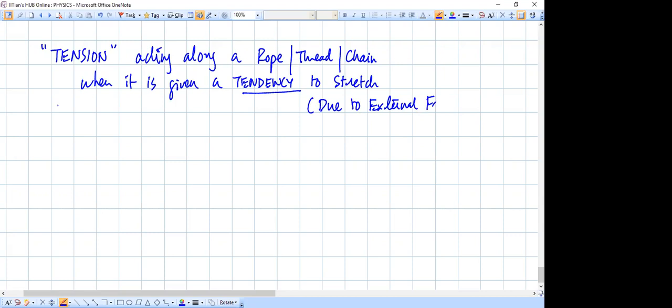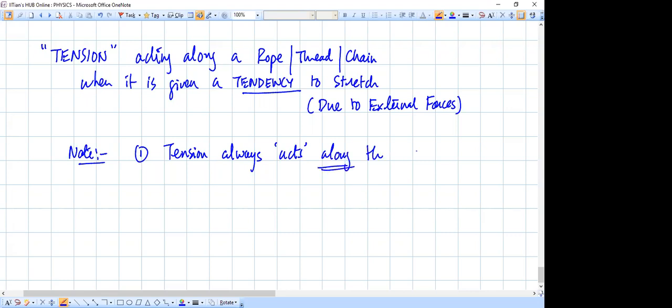So the thing to understand is that tension always acts along the length of the thread, chain, or rope, or whatever.